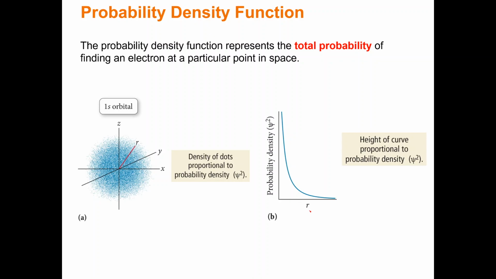What you see is the further we get away from the nucleus, the further to the right we go, the lower the probability, going down to basically 0. And the closer we are to the nucleus, the higher our probability goes, essentially going to infinity. So if we want to find the electron in the s orbital, we have to look close by the nucleus, and it's in this sort of sphere shape.